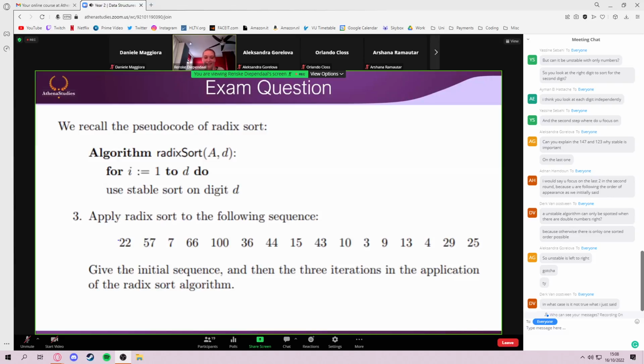And just a little hint, at the end you're going to have to focus on the third digit, right? Most of them don't have one, just give them a 0.